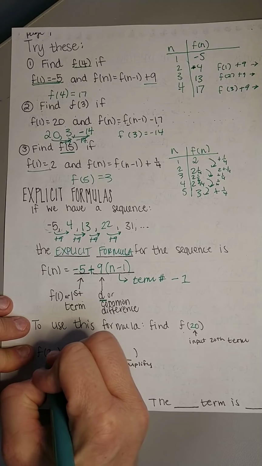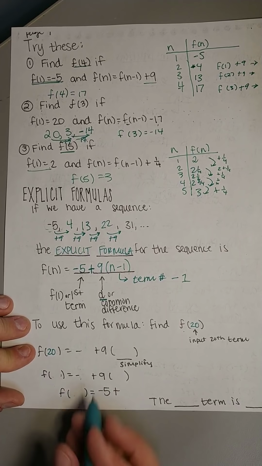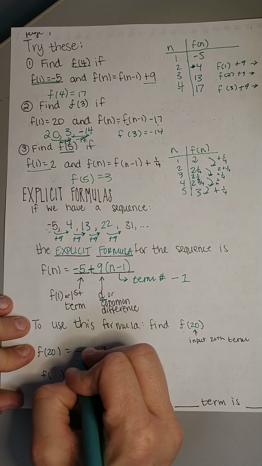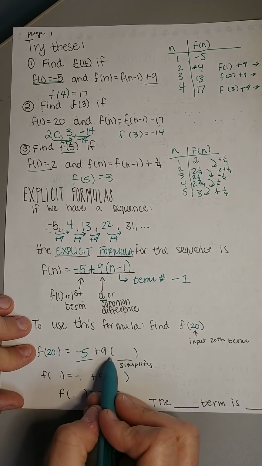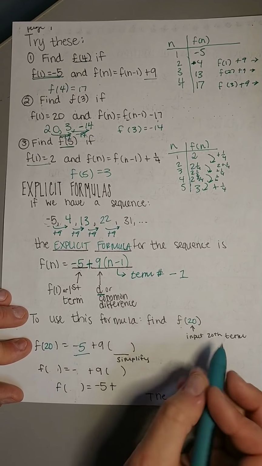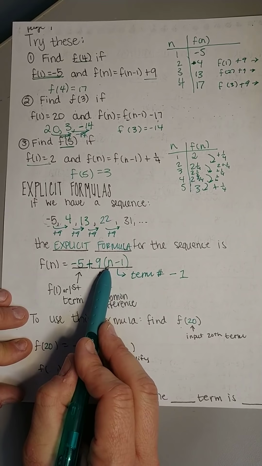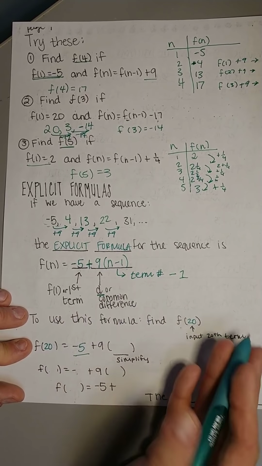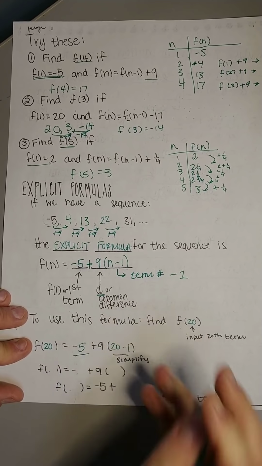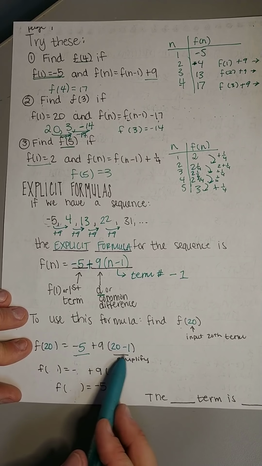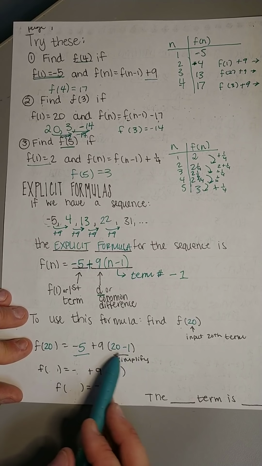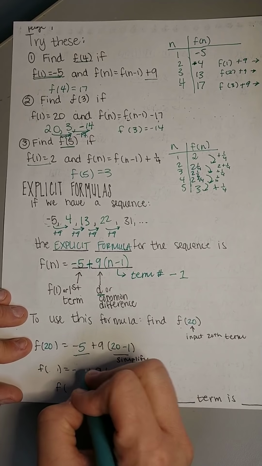So f of 20 equals, now my first term is still -5, my common difference is still 9, and my n in this case is my term number 20. So I'm going to put 20 minus 1. This does not mean the 19th term. It means take 20 and subtract 1.